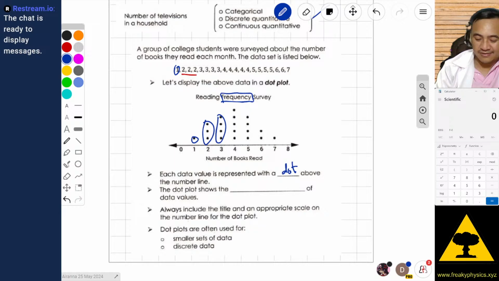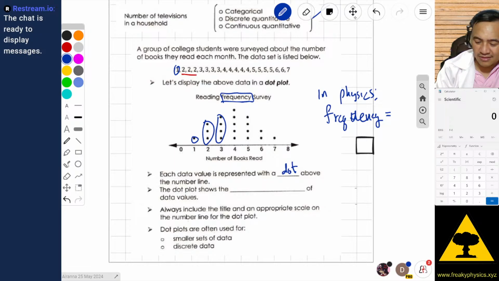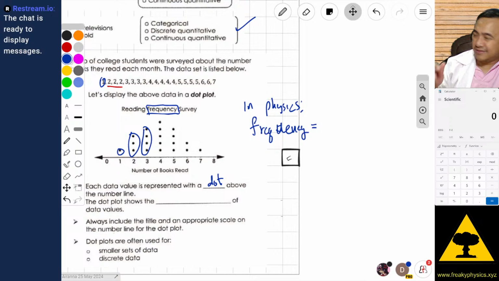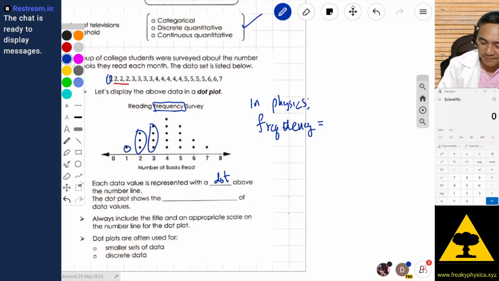Check your notes if you like, but if you just want me to tell you, it's fine.